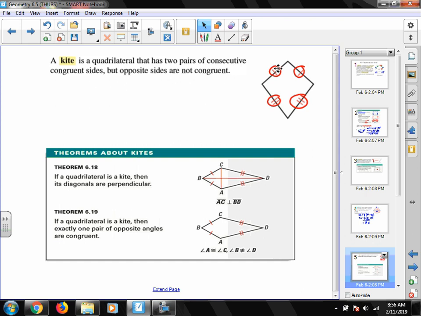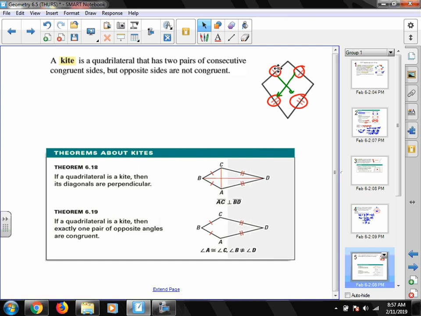But if I go across this quadrilateral, those 2 sides are not going to be congruent to each other. So you go across from 1 tick mark to 2, or you can work the other way, but those can't be congruent. For it to be a kite, that would be something else.